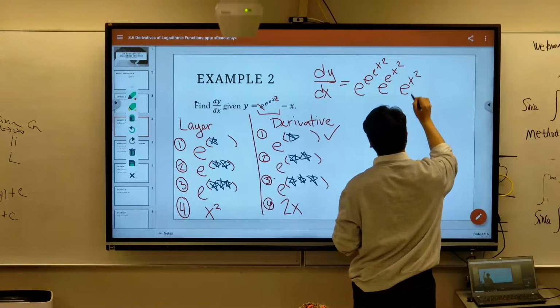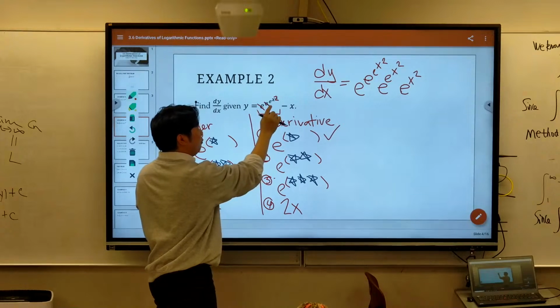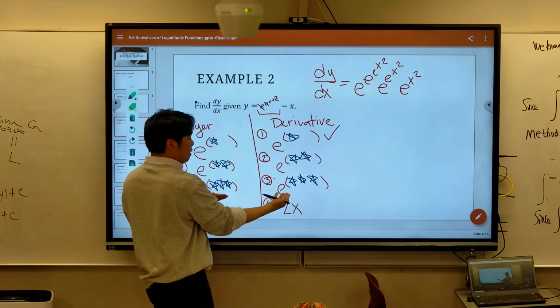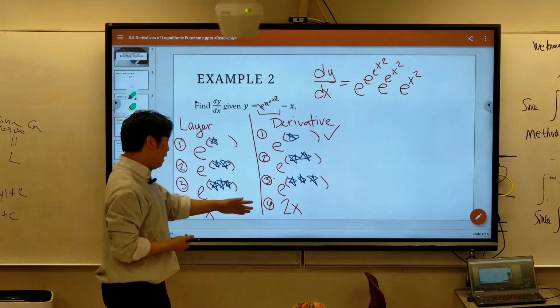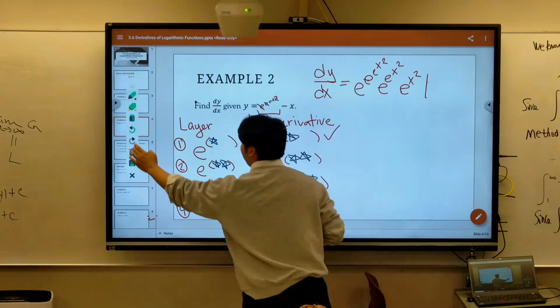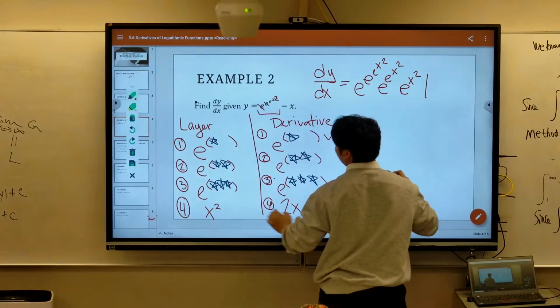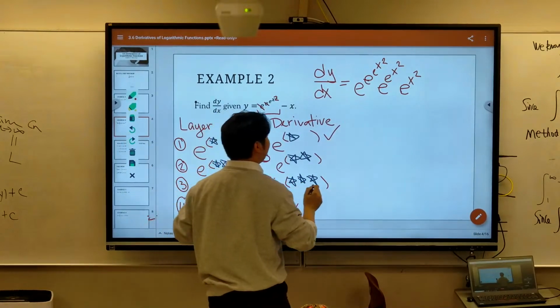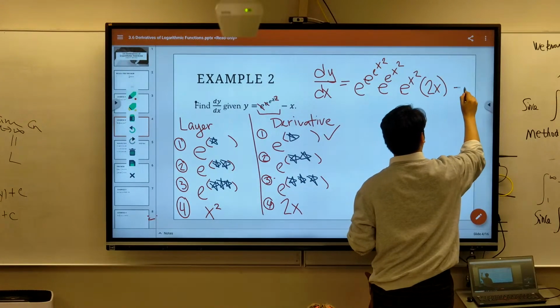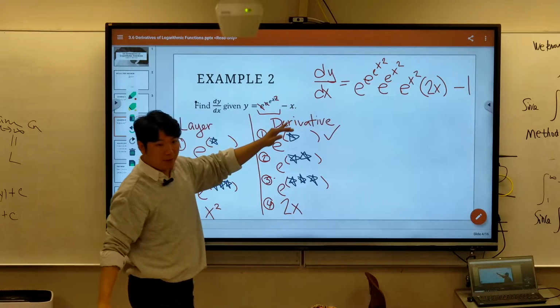Yeah, x squared. Again, my third layer was e to the x squared. So if I'm doing a matching, I'm going to just keep it the same. And then we multiply by the last one. Times 2x. And we still have that minus 1 for the other part.